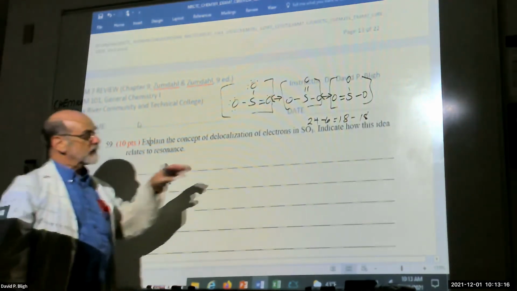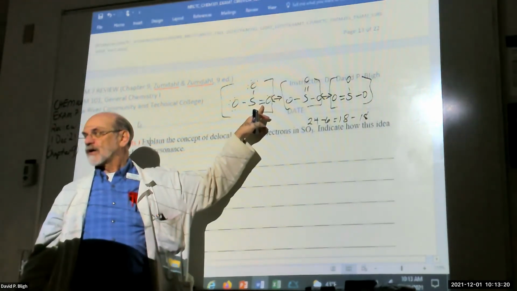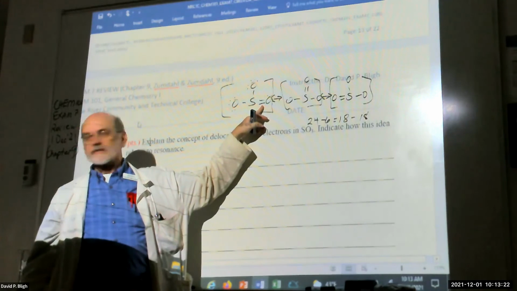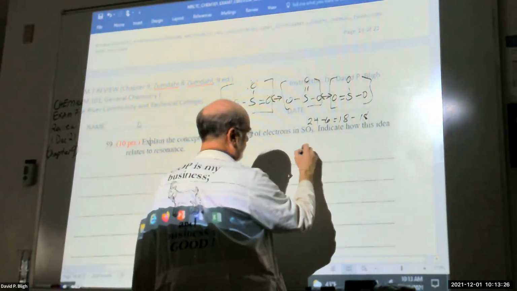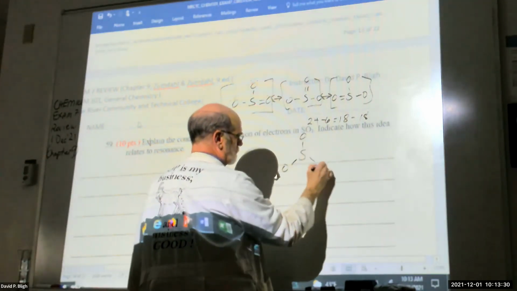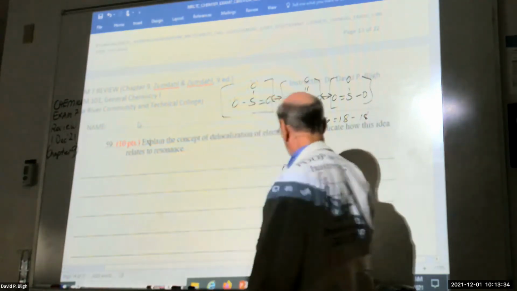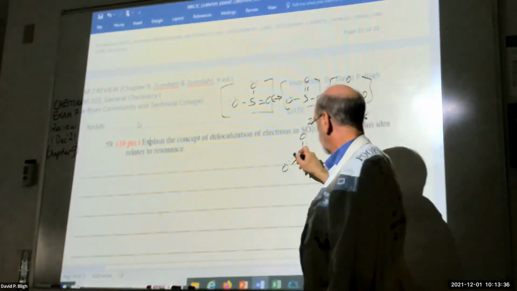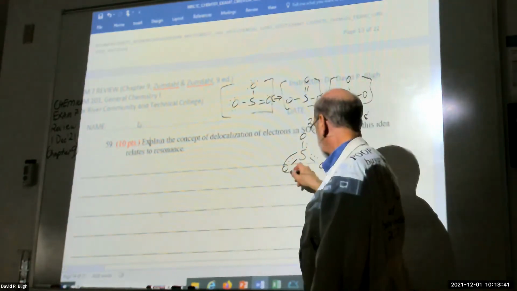Delocalization says that these pi electrons belong to the whole molecule. So if we did that, we would draw structures something like this. Or we could say, if we were looking at the electron distribution, we would draw it something like this.